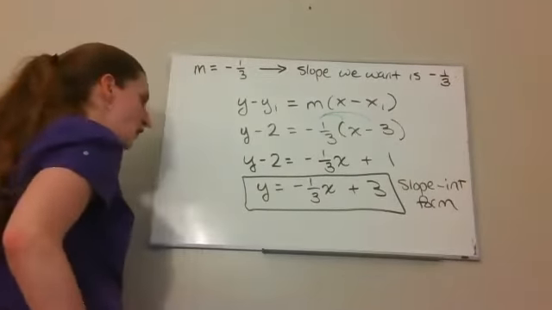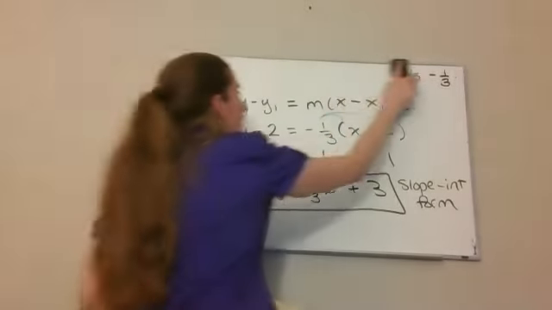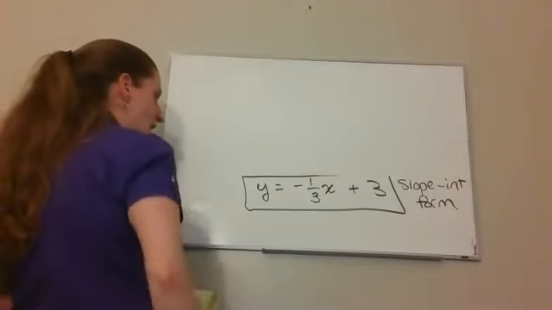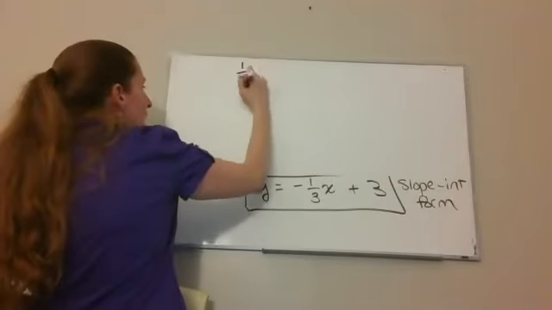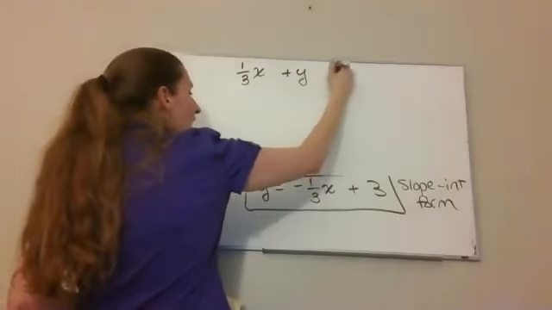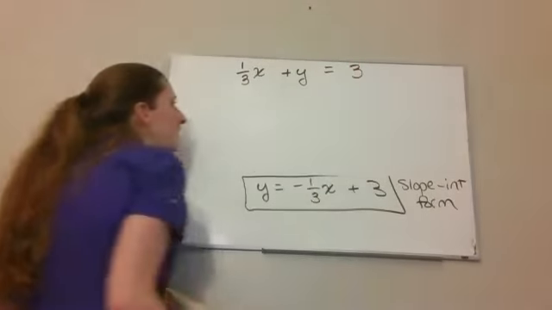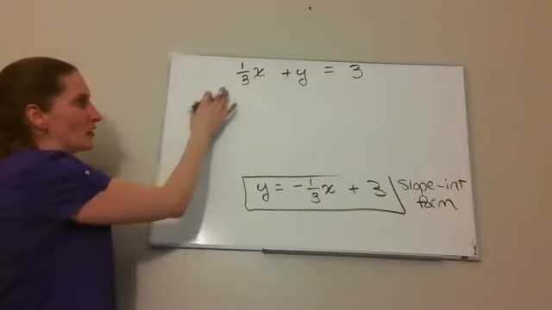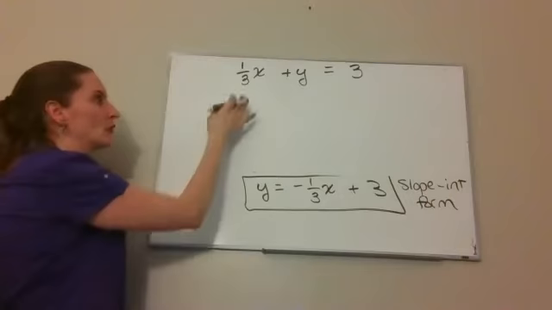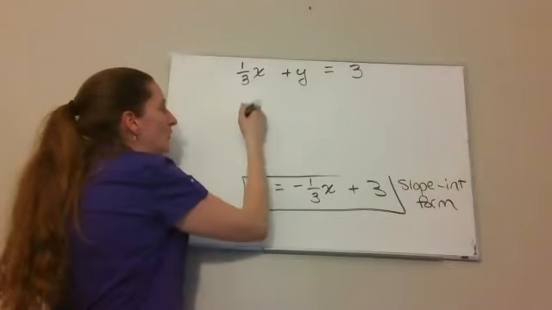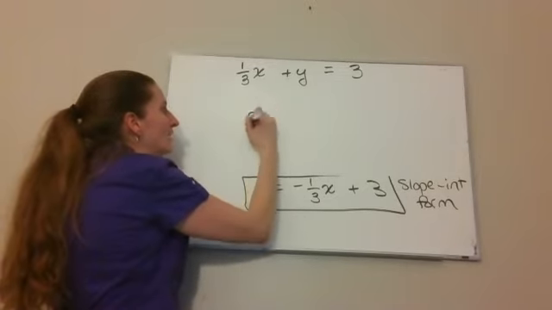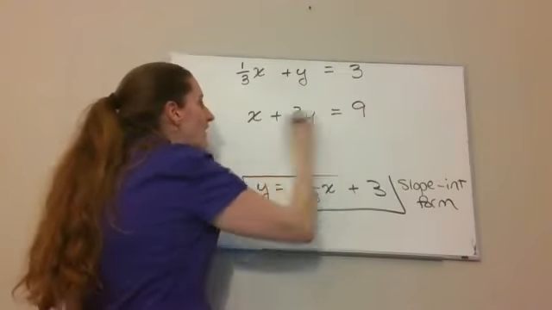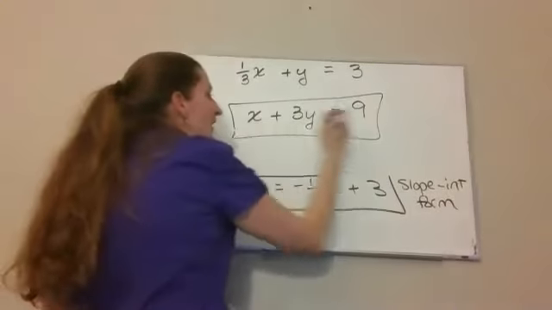I'm going to start by moving that negative 1/3 x to the other side, and I will get positive 1/3 x plus y equals positive 3. And then I want to get rid of my fractions. To get rid of the fractions, I can just multiply everything by 3. That will get rid of my denominators. So 3 times 1/3 x is x, 3 times y is 3y, and 3 times 3 is 9. And that's how we get our standard form.